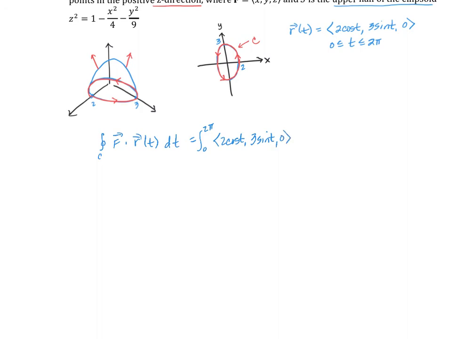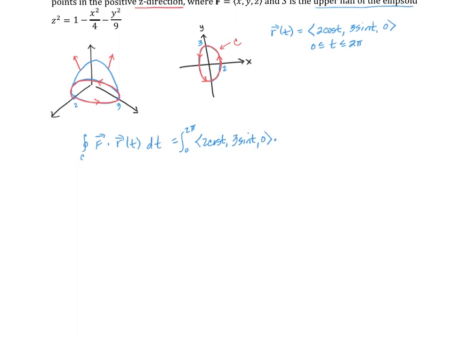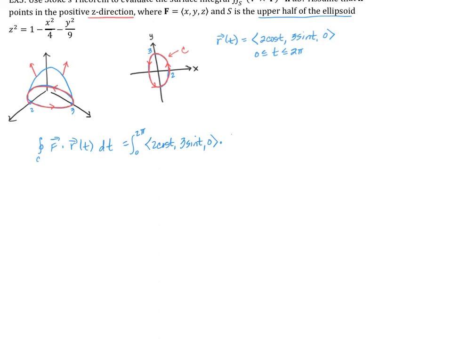And I don't really need the 0 because when I dot it with the derivative of r, which would be negative 2 sine t, 3 cosine t, since I got a 0 here as well, they'll kind of cancel each other out, dt. Let's see, when we do our dot product, I have a negative 4 sine cosine and a plus 9 sine cosine, which gives me 5 sine cosine of t dt.